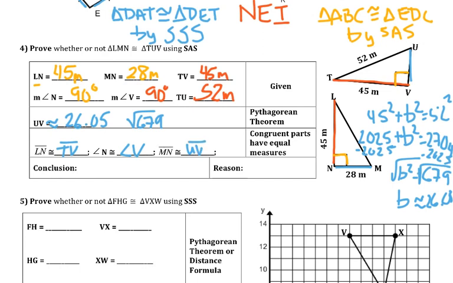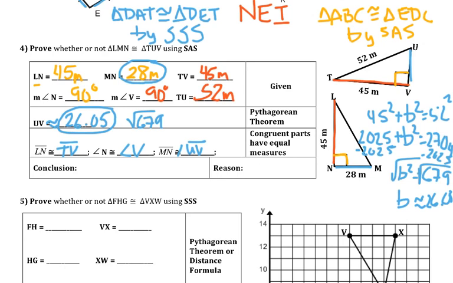But that's not true because UV has a length of 26.05 units, and MN up here has a length of 28 meters. Those are not the same. So this is false. These are not congruent.